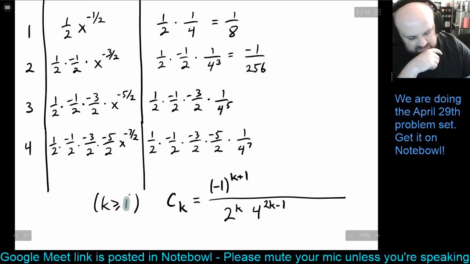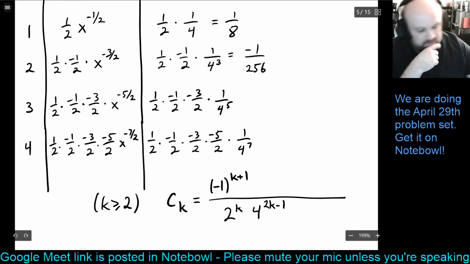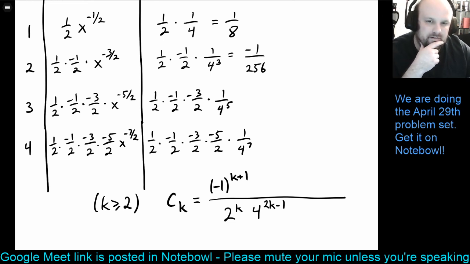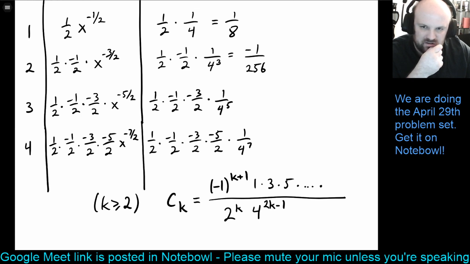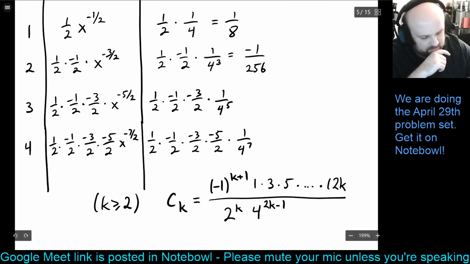Well, if we start this at k equals 2, then the pattern is actually one times 3 times 5 times ... times, let's see, when it's 4, I guess this would be 2k minus 3.